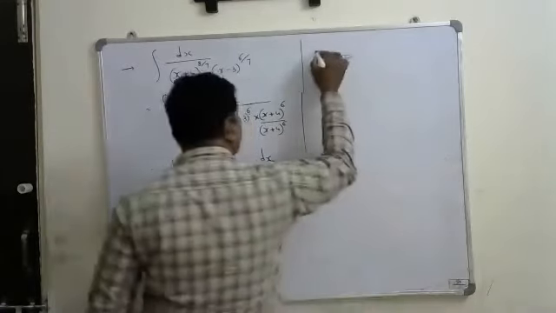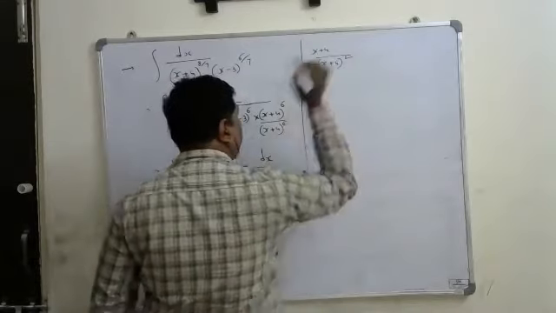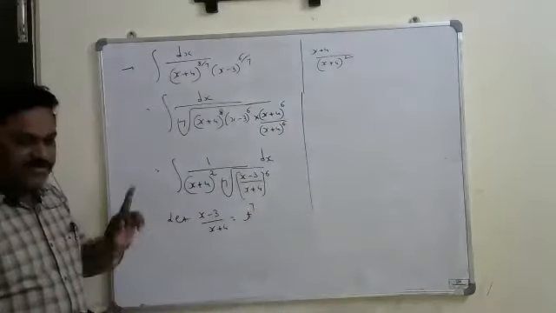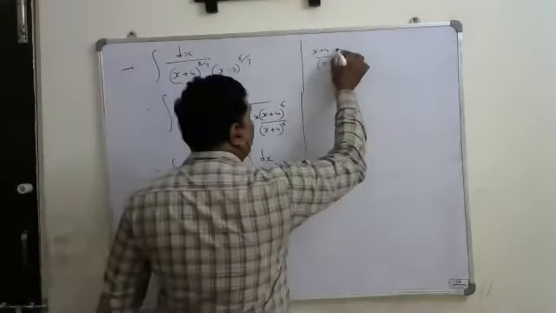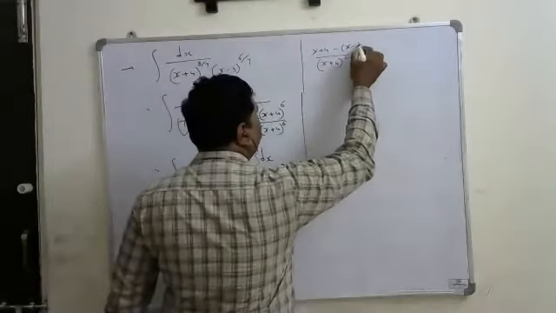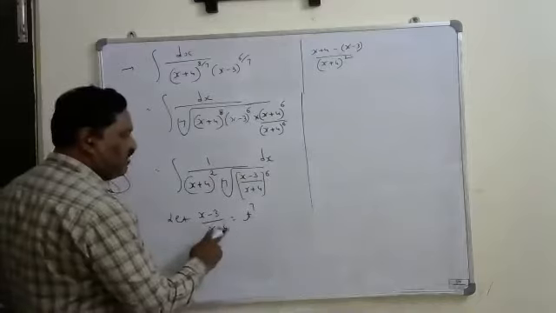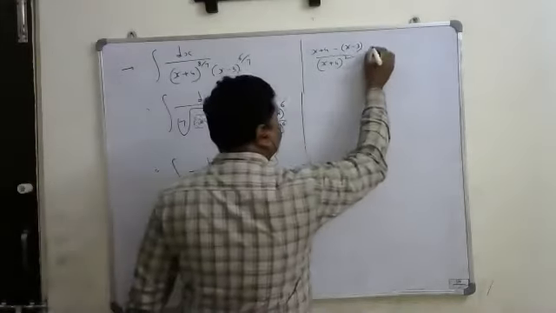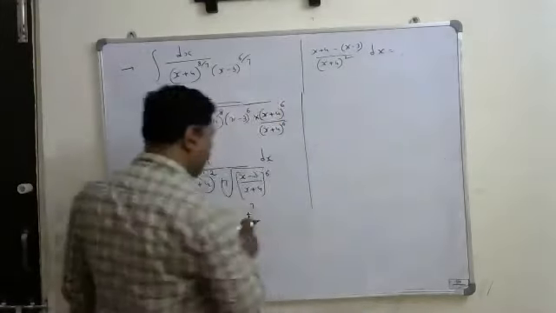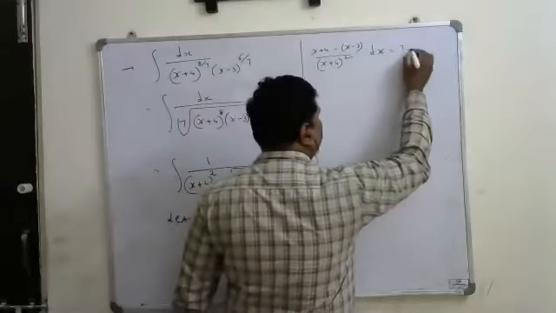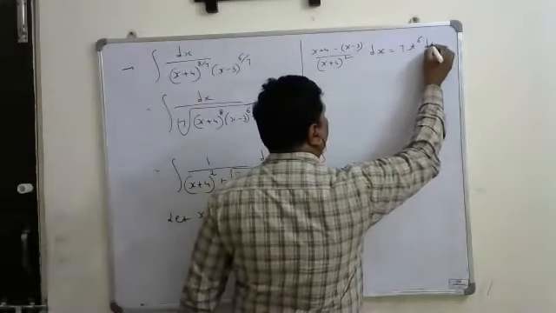In the numerator, write (x plus 4) as it is into the derivative of (x minus 3), which is 1, minus (x minus 3) as it is into the derivative of (x plus 4), which is 1, dx equals 7 t power 6 dt.